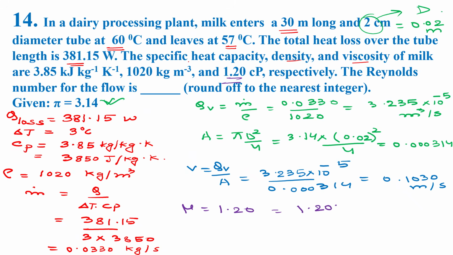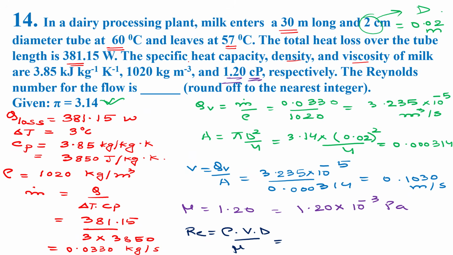So the Reynolds number. What's the formula? Rho times V times D divided by mu. Just put the values in. Density is 1020.